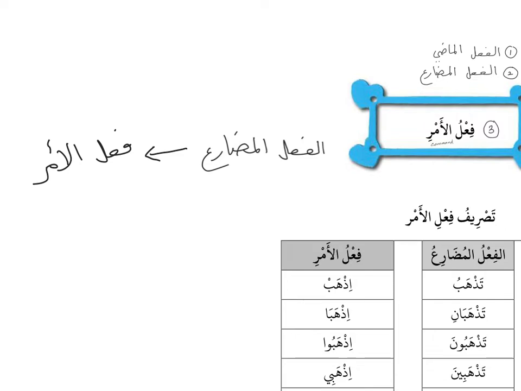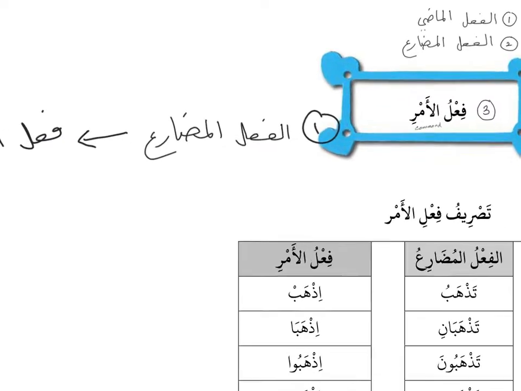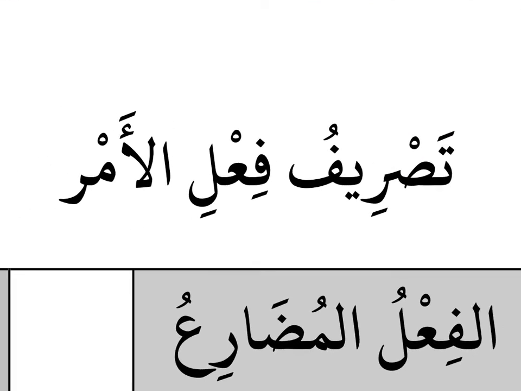The second thing, when it comes to تصريف of the فعل الأمر, which means the verb conjugation, the changes that occur to the فعل whenever you use the فعل together with certain ضمير or certain pronouns. So what about the تصريف of فعل الأمر?